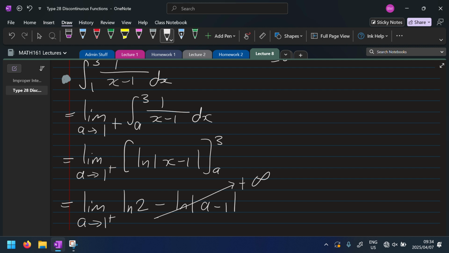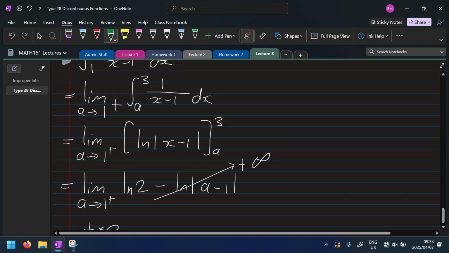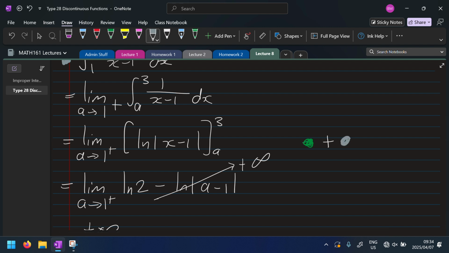It's indeterminate form. So here, if we were to add the two together, the green bits plus the gray bits, this was going to be plus infinity plus the natural log of 2 minus infinity. But this plus infinity and minus infinity, we cannot just cancel. That does not work.